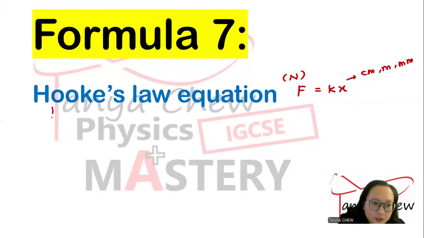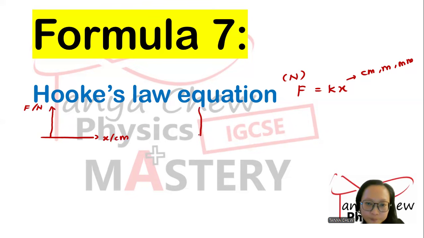Right, when a graph is being given, there are two types of graph that could be given. This is force against maybe extension in cm, or extension against force. So you have to beware. But both graphs will give you a straight line graph starting from origin.